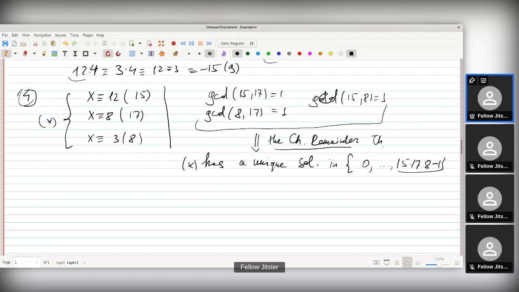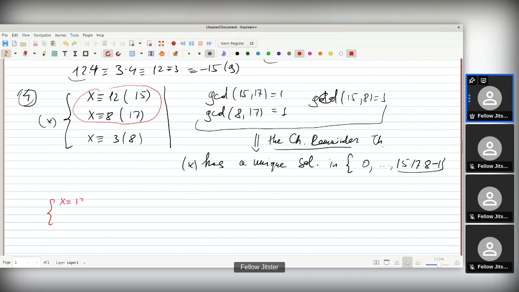Yeah. How can we solve it practically? What do we know? We can turn it into two congruences. Yes, but how can we do so? First of all, we can take any two of these congruences, say the first two congruences.